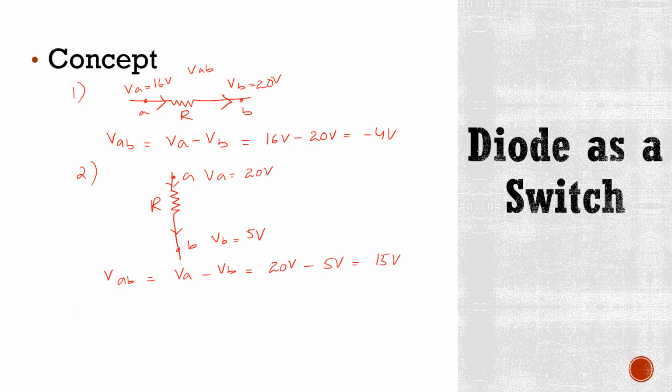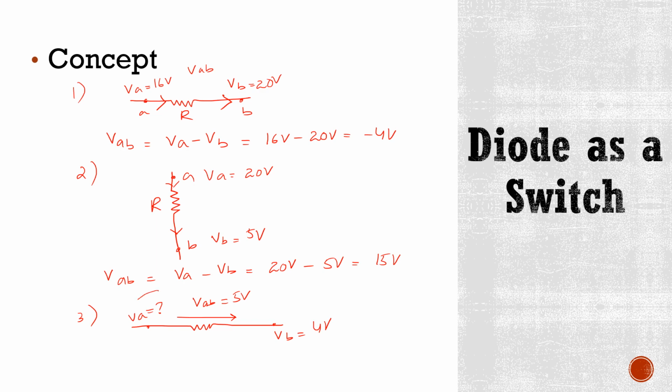Now, if there is another condition like this, this is point A where voltage is VA, this is point B where voltage is VB, and this is VAB which is flowing in this direction. Now, suppose VA is unknown and VAB is 5 volts and VB is equal to 4 volts.